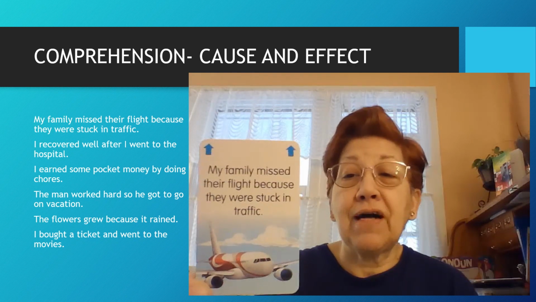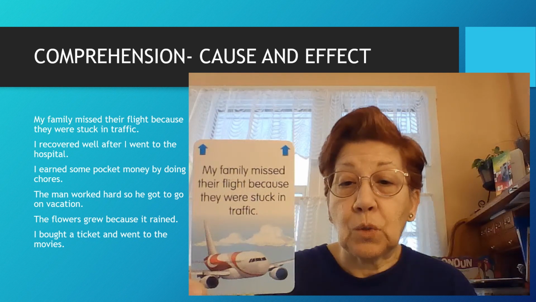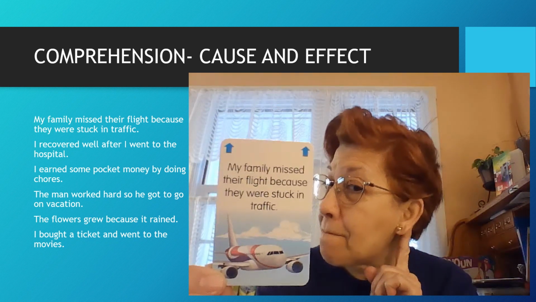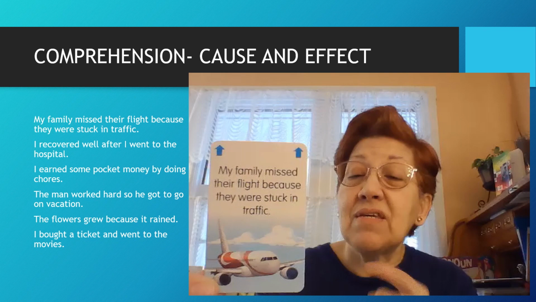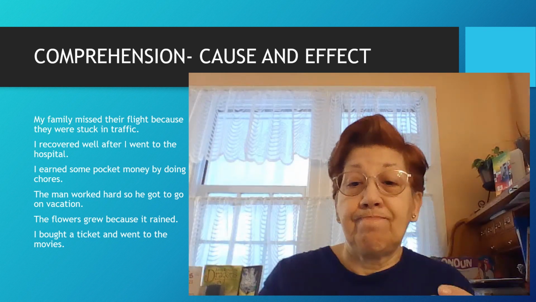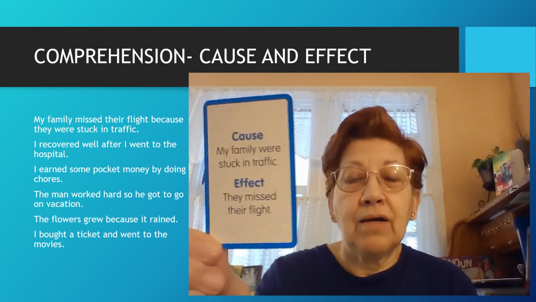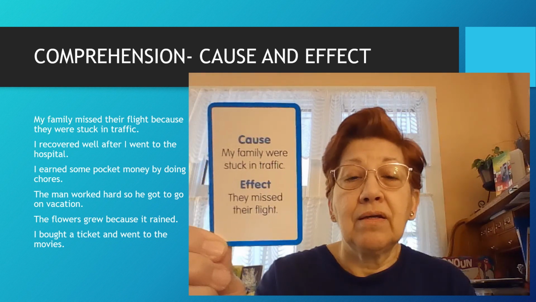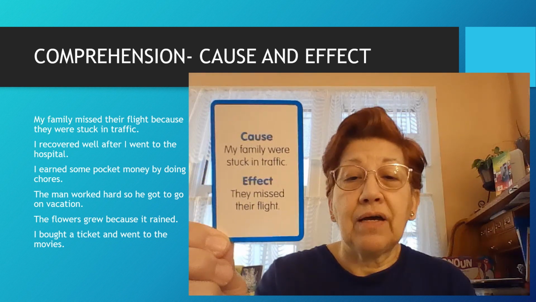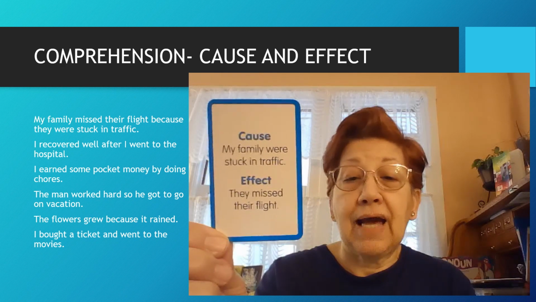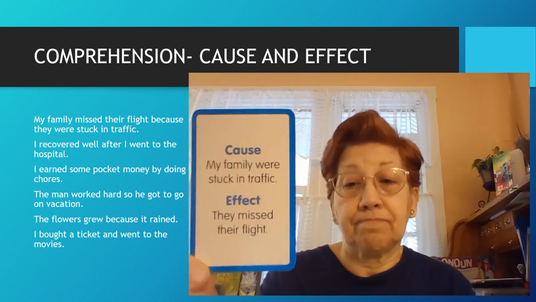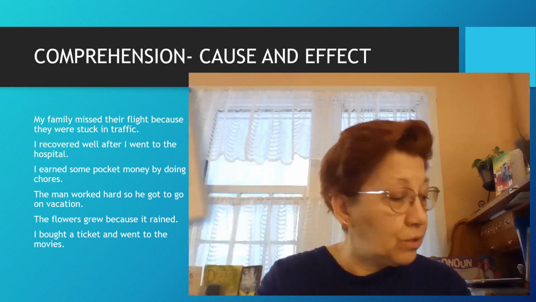And the outcome, the effect is what happened because of it. They missed their flight. Okay. So there's your cause. My family was stuck in traffic. And the effect, the outcome of that cause was they missed their flight. Very good. Excellent.